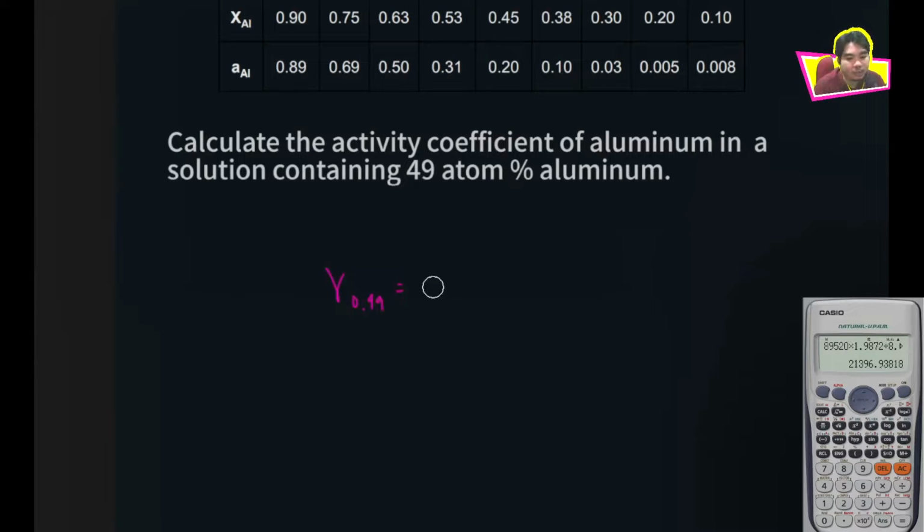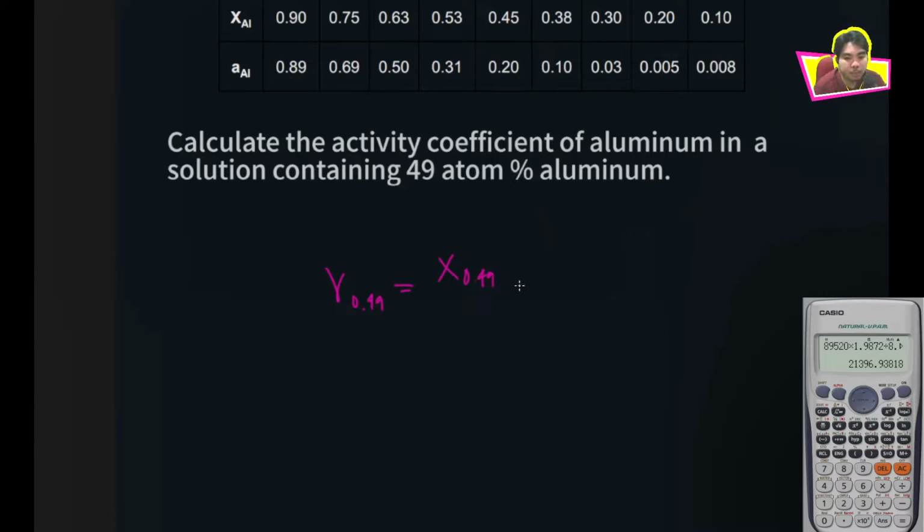So, we know the x, and this is 0.49. Kailangan natin is x at 0.49.